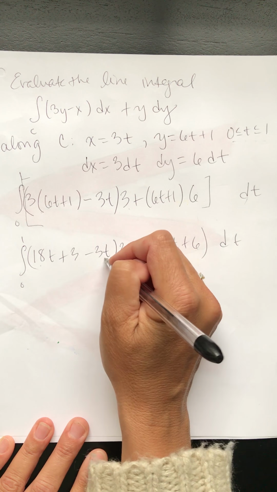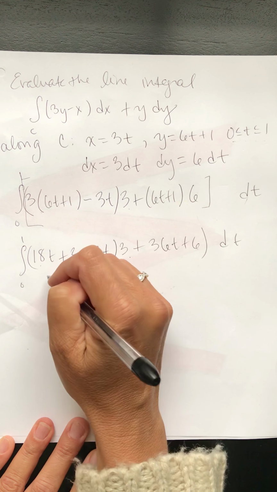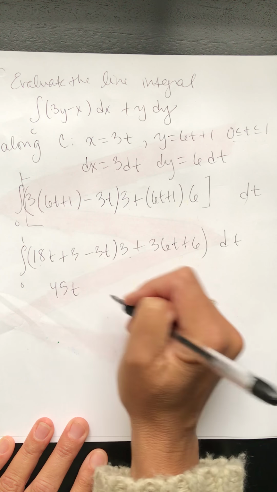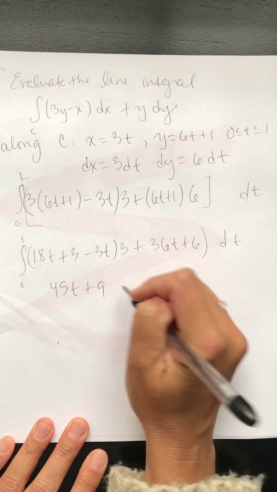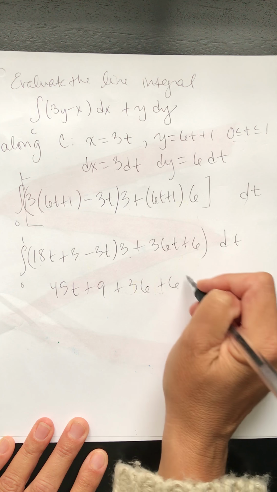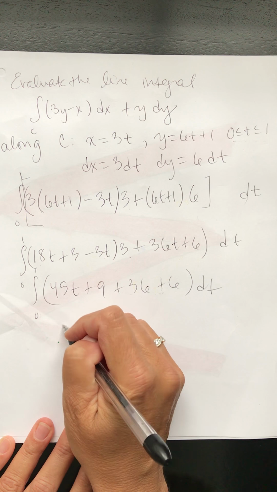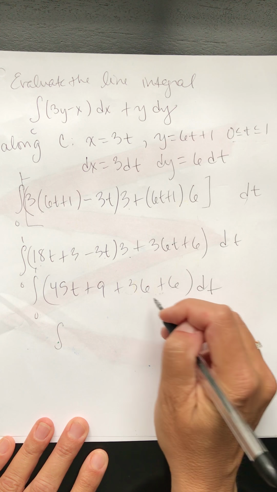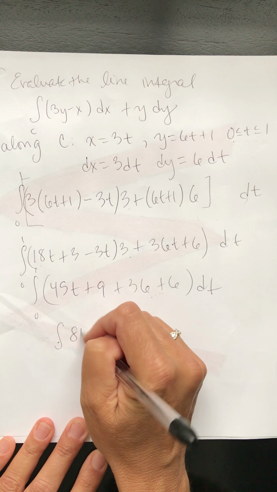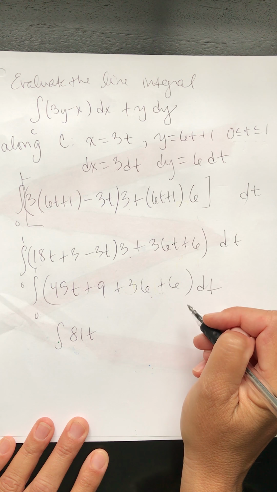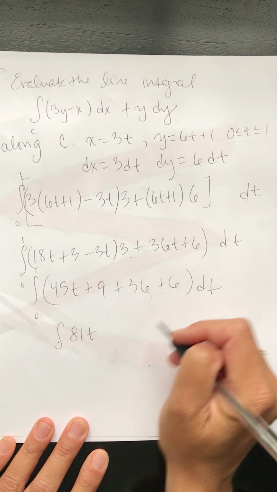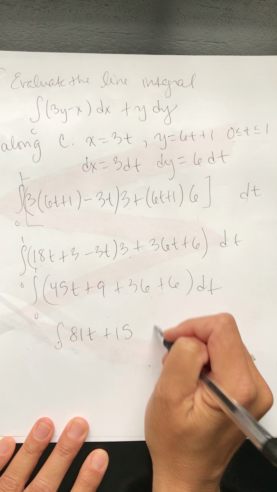So 18 minus 3 is 15, times 3 is 45t plus 9, plus 36t plus 6, dt. Oh, I think I'm there. 45 plus 36 is 81t plus 9 plus 6 is 15 dt.